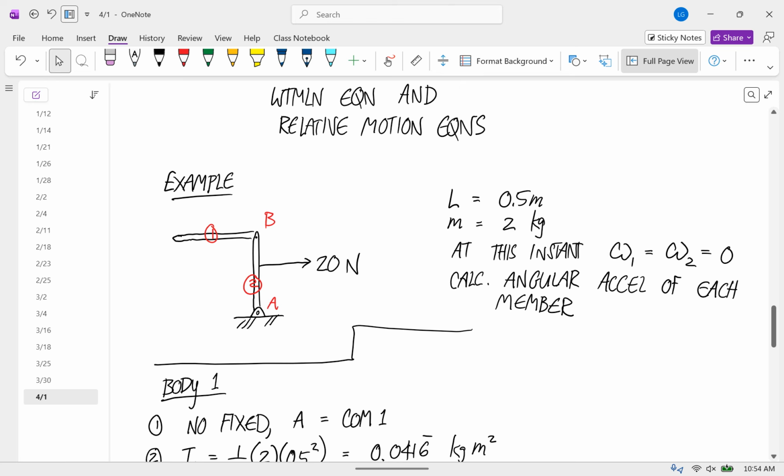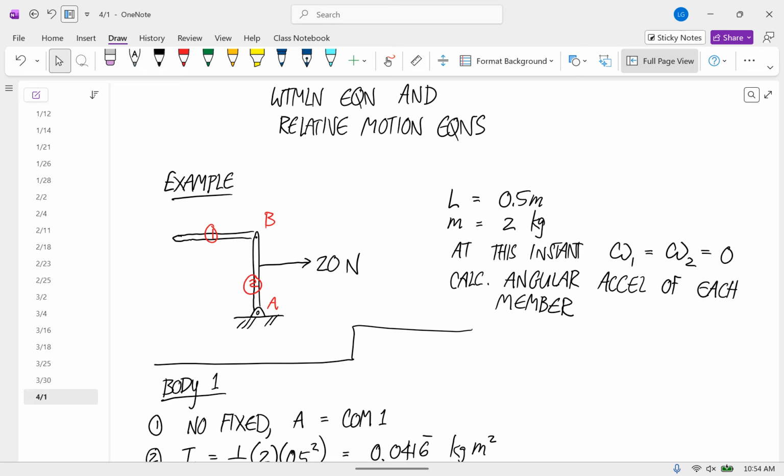For constraint equations, we're going to look for any places where either two bodies meet, that's at B, or any place where a body is rolling or sliding along a surface. That's not happening anywhere. So the only place that we have constraints here is at B.